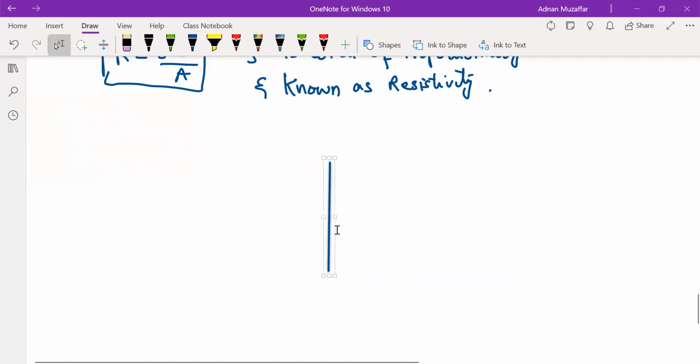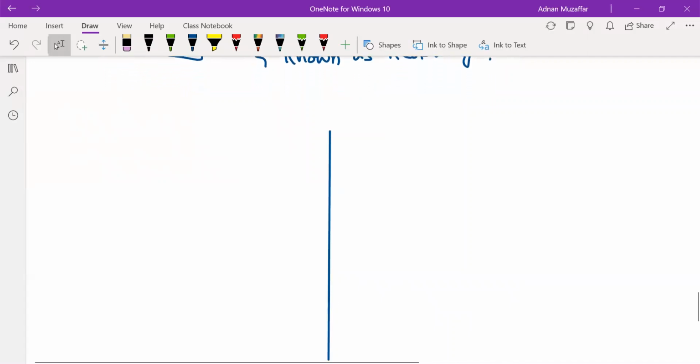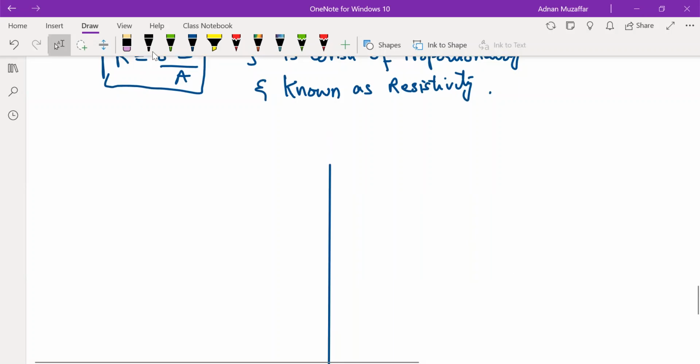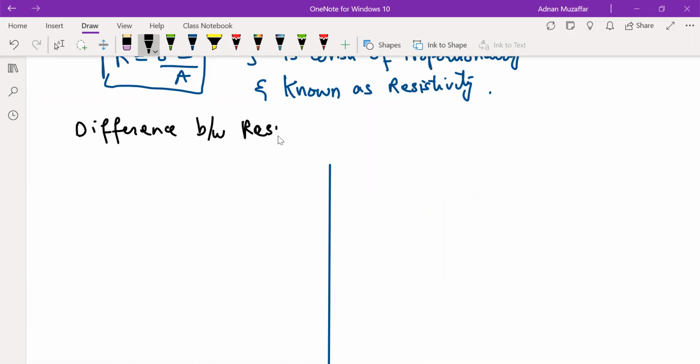Yes, there are a few points which I need to mention about resistivity and resistance, because I have seen in one of the papers, they ask you to write 2 differences between resistivity and resistance.